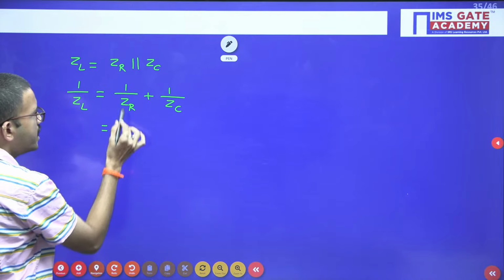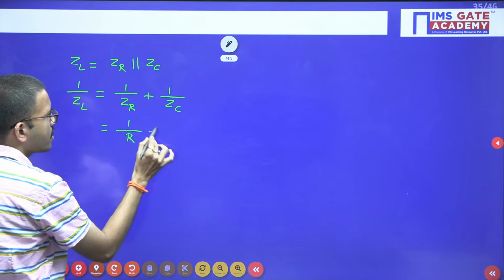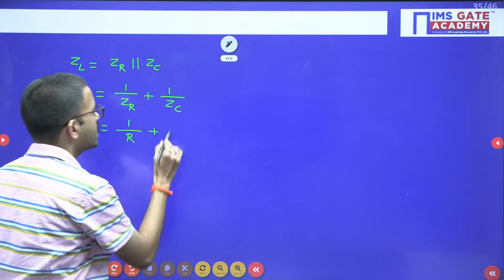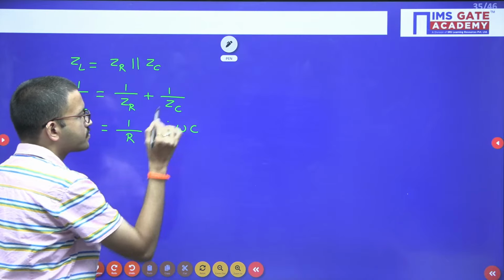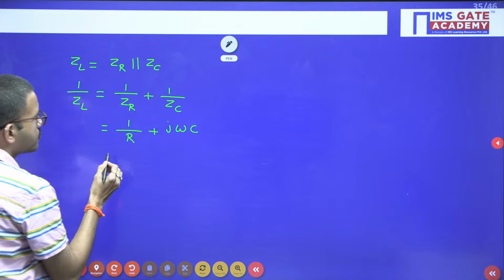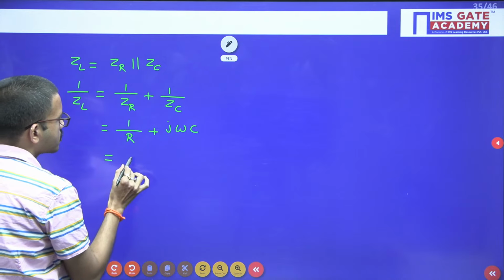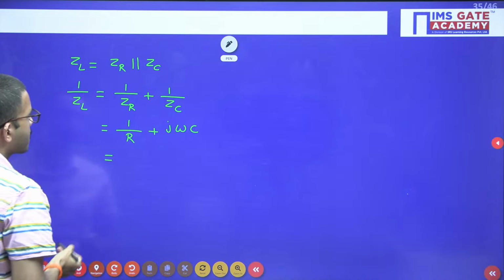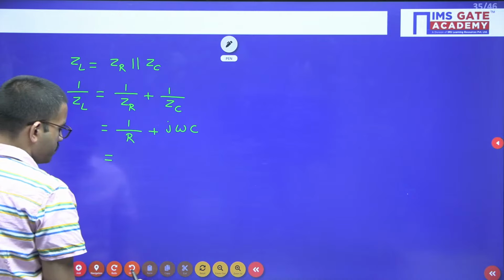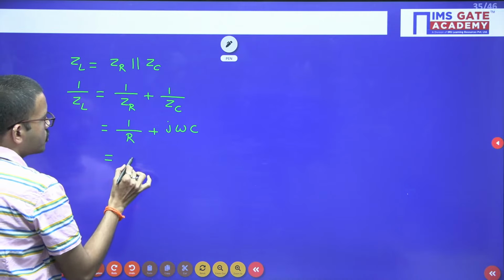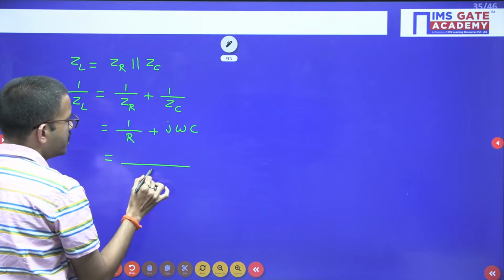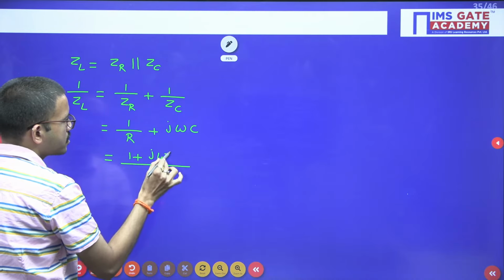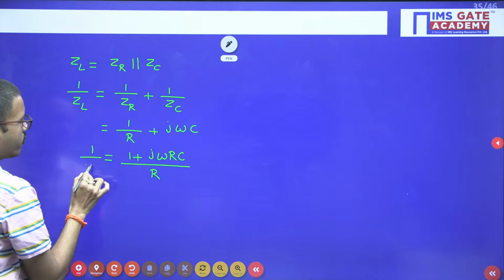Regarding the resistor, obviously the impedance is R, whereas the impedance of the capacitor is 1 by j omega C, so 1 by that is j omega C. From here, in the denominator you will get R, and here you are getting 1 plus j omega RC. So this is your 1 by ZL.